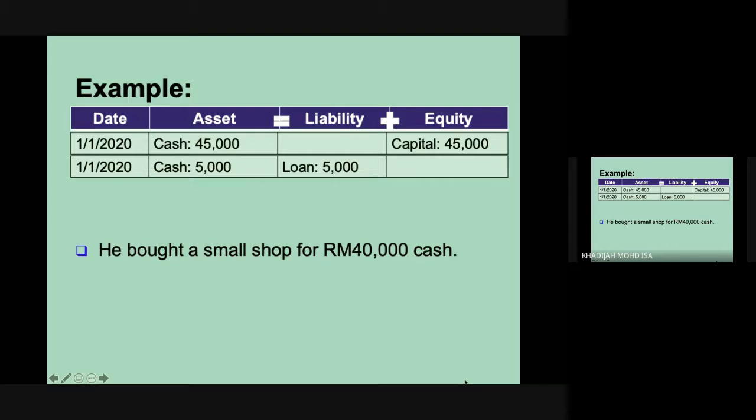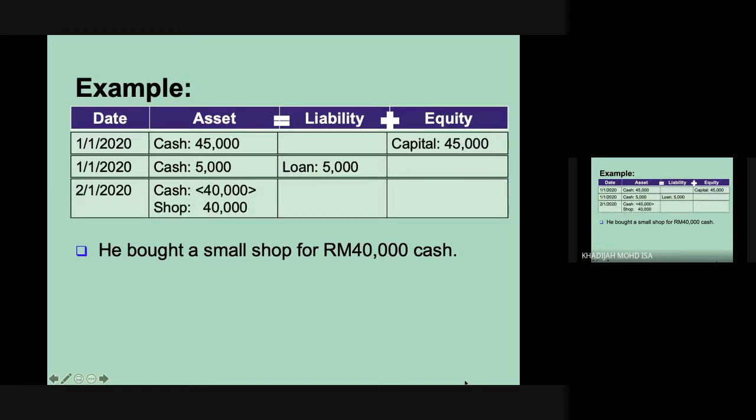In this case, when you purchase the shop, you have to pay out cash, so cash is reduced by 40,000 because you have to pay. It's an outflow. But at the same time, you create an asset of 40,000 in the form of the shop.